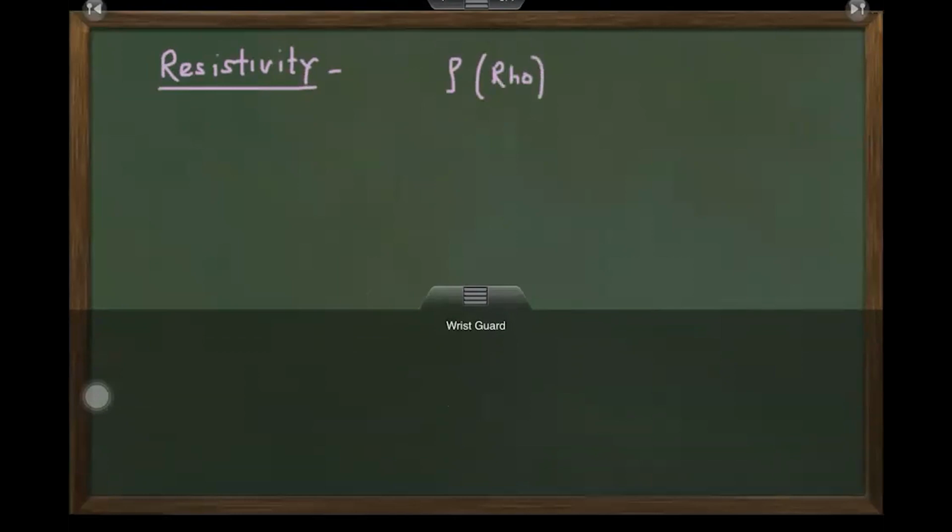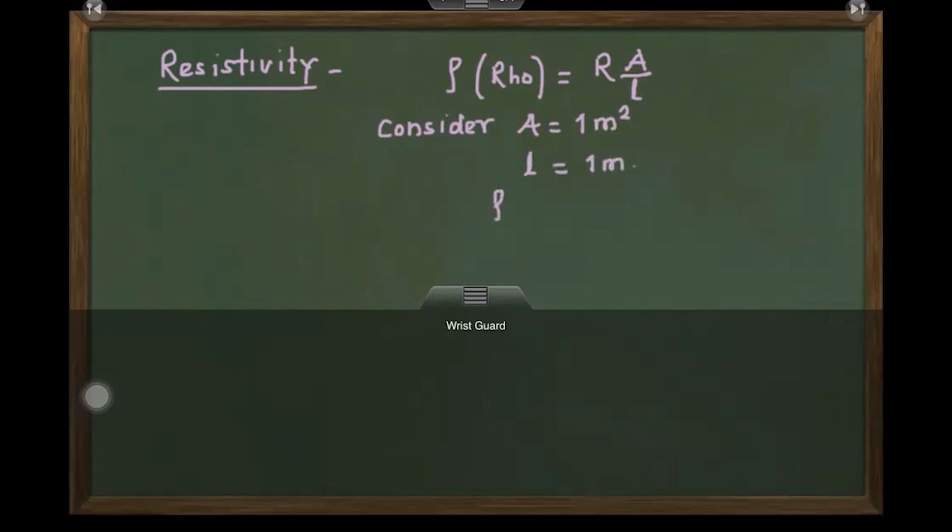Rho, R-H-O, rho, is equal to R A upon L. I'm going to consider A equal to 1 meter square and L equal to 1 meter.